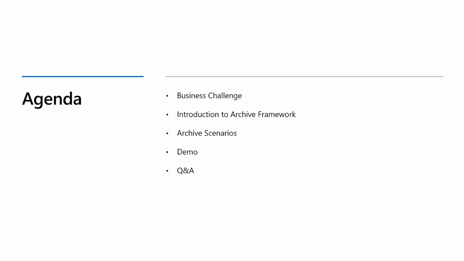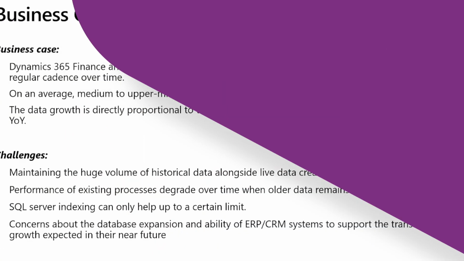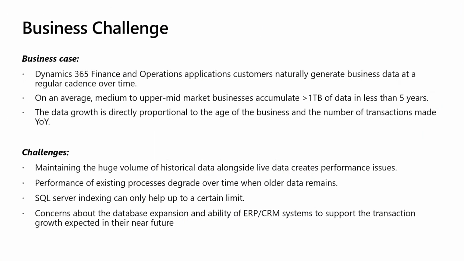So let's get started. When it comes to the business challenge for any ERP, or D365 Finance and Operations, we generate an exponential amount of data because the table metadata that we have in D365 is so normalized that we get so much data.